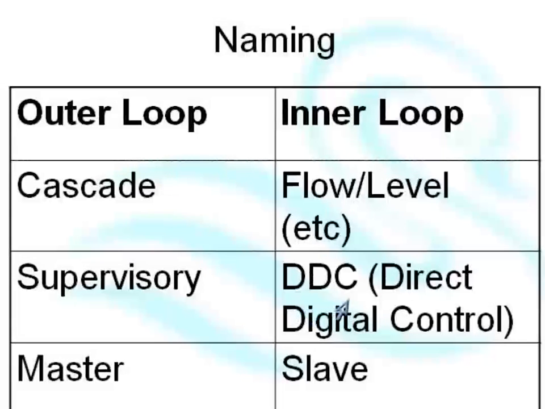DDC stands for Direct Digital Control. So we'd say we have a flow DDC loop, which will be the inner loop, and then we'd have a level supervisory loop. Some of the books use the term master-slave. As far as I know, it's only the books that use this term, because I've never heard it used in industry.